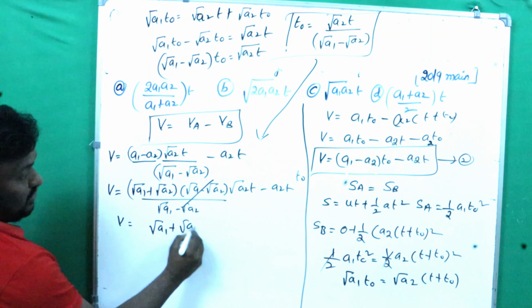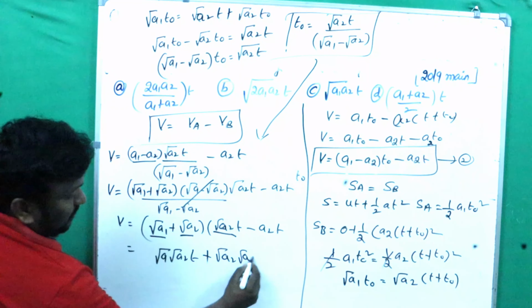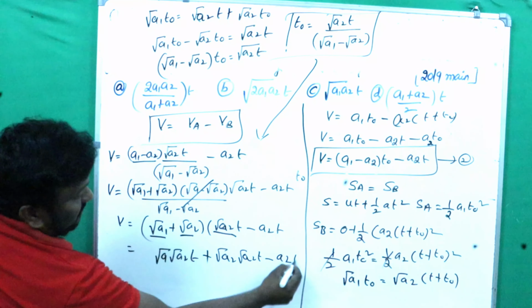minus a2 t). Clear? Then obviously what is it here: root a1 root a2 into t plus root a2 into root a2 into t minus a2 into t.